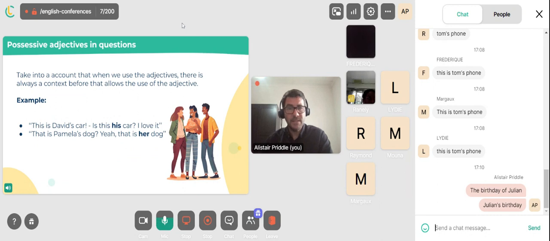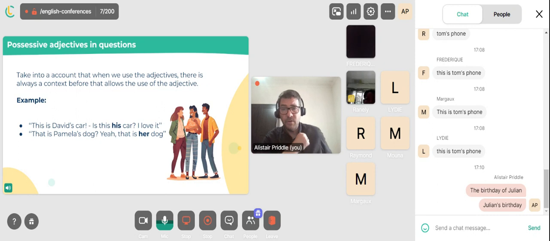Let's have a look at possessive adjectives in questions. So take into account that when we use the adjectives, there is always a context before that allows the use of the adjective. Example: this is David's car. Is this his car? I love it.